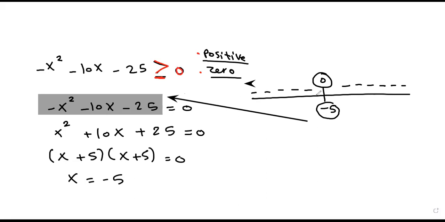So actually, I don't have any value for x that made the expression positive, but I have -5 only. -5 makes the expression equaling to 0. So in this case, the solution set equals -5 only. The solution set is -5.